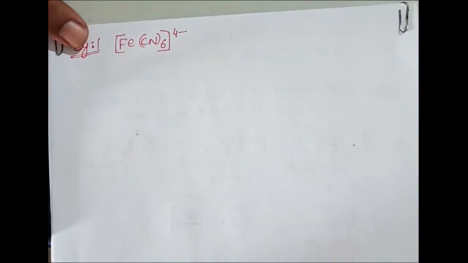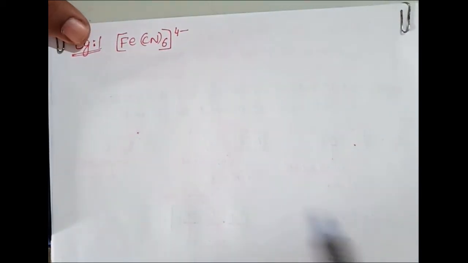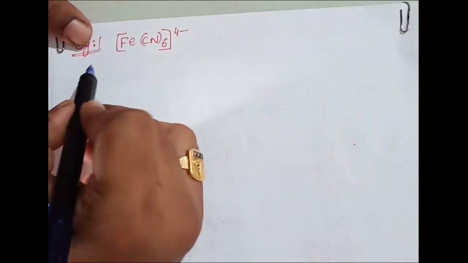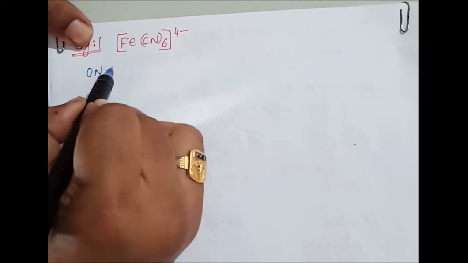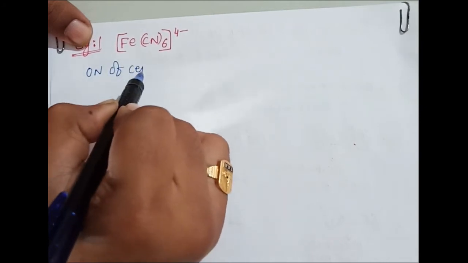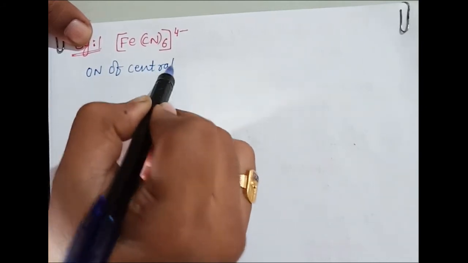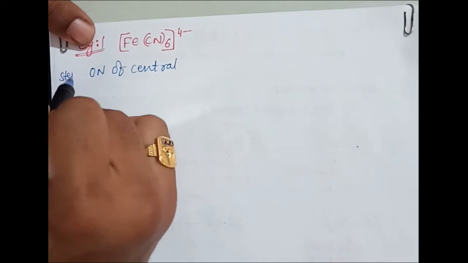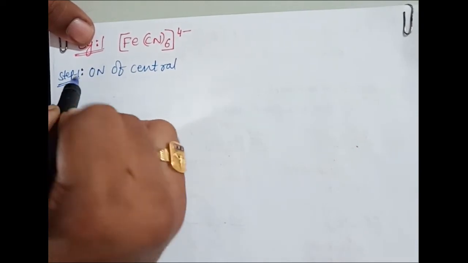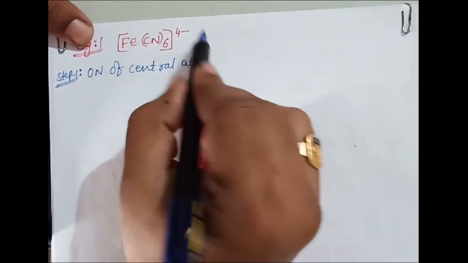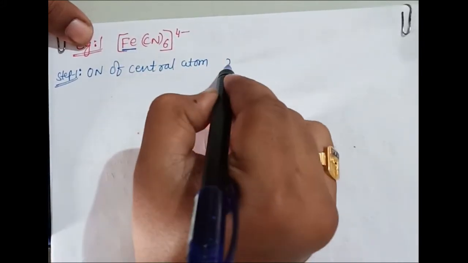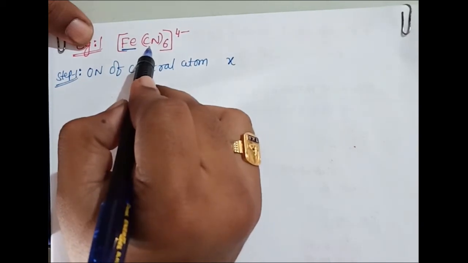[Fe(CN)6]4-. First of all, the central atom. The central atom is iron. Step 1: find the oxidation number of the central atom. The central atom is iron, so X. What is the charge on CN?